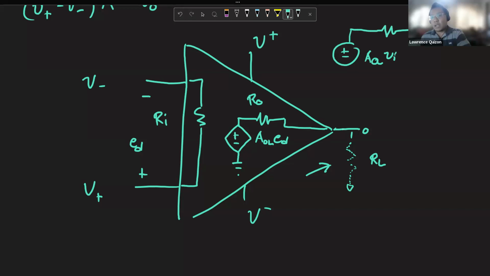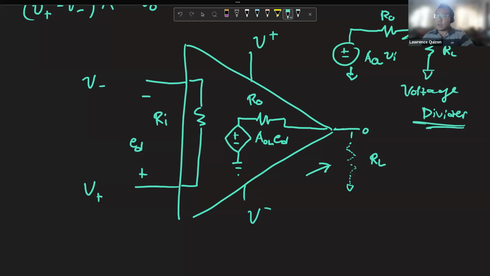Tapos meron tayong R out, tapos meron tayong load, no? So what happens is we have the voltage divider, right? So the output resistance of the op-amp signifies that depende dun sa output load resistance, magde-degrade yung voltage na nilalabas natin, no? And this is kind of bad.